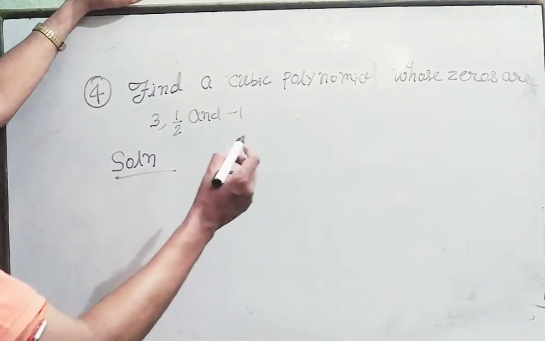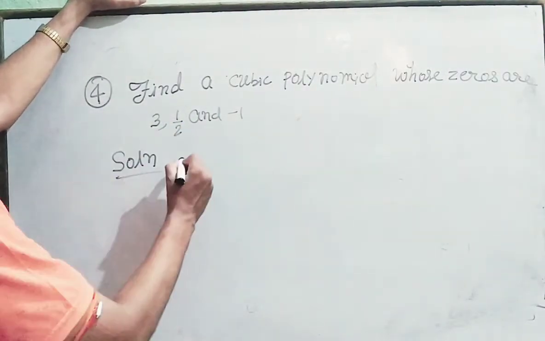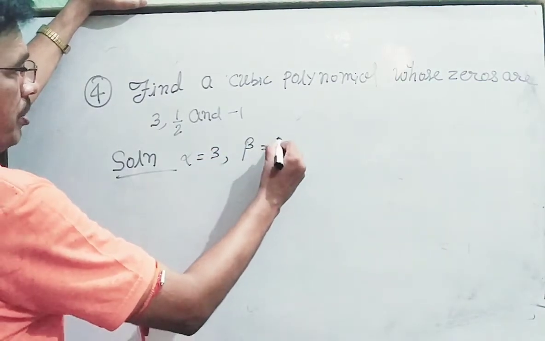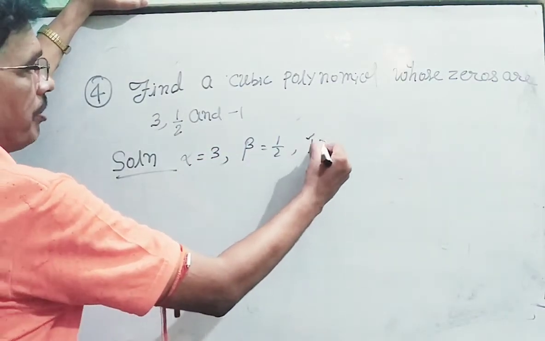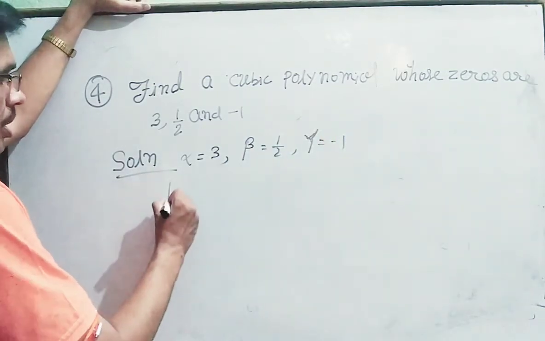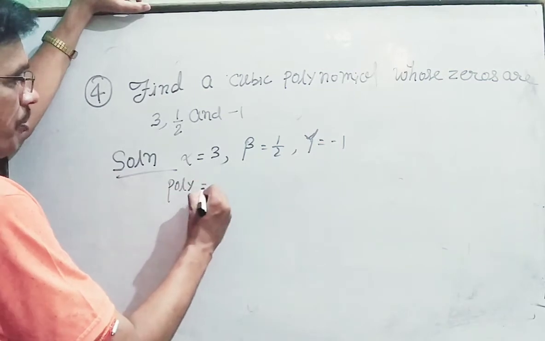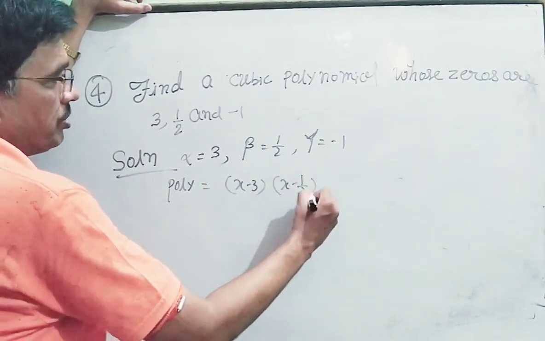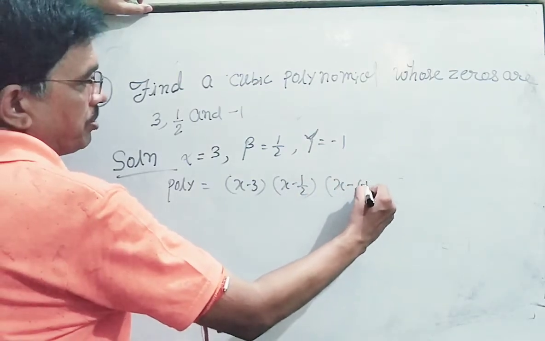Now, cubic polynomial whose zeros are given. That means alpha is given as 3, beta is given as 1 by 2 and gamma is given as minus 1. What is the polynomial? You can easily write that the polynomial is x minus 3, x minus 1 by 2 and x minus of minus 1.